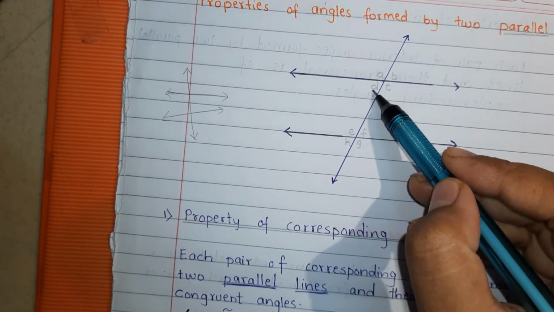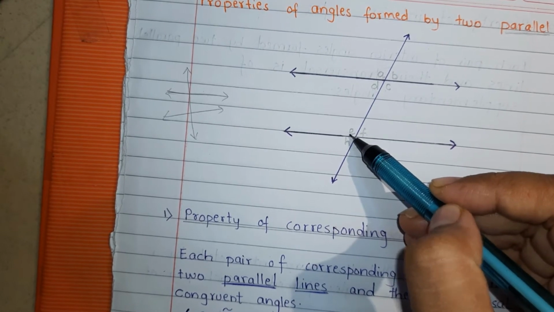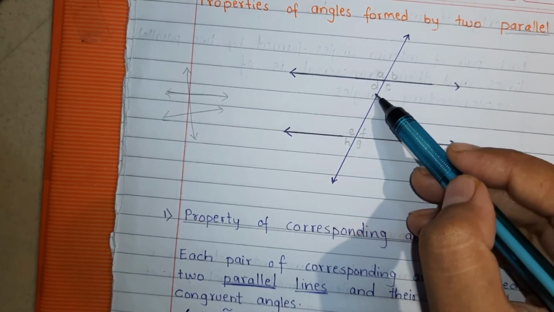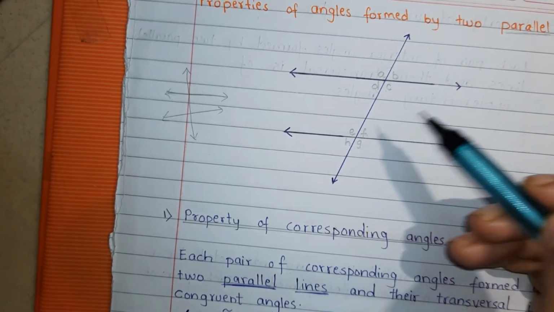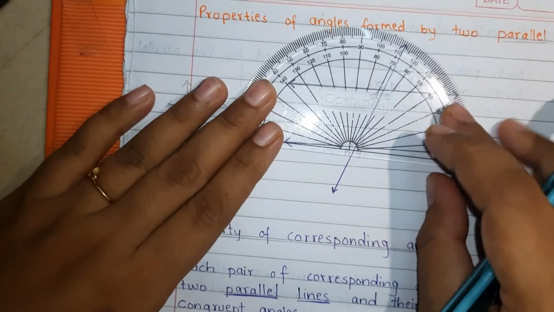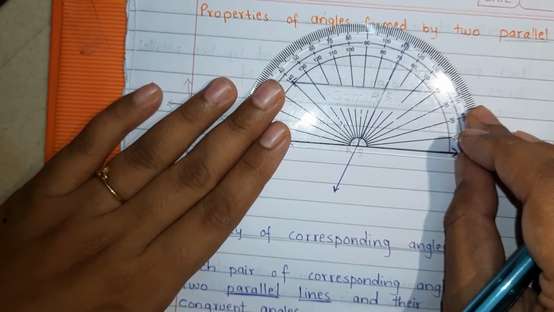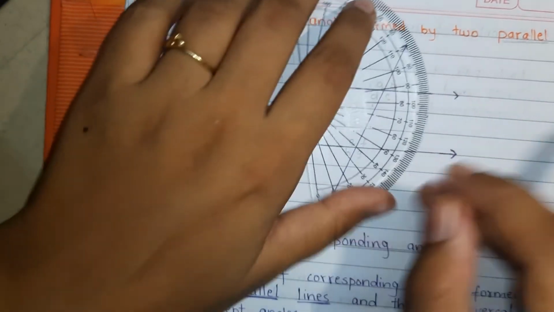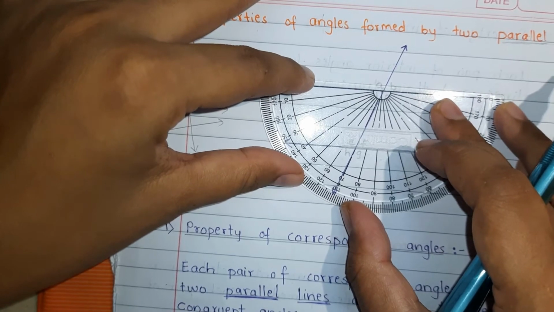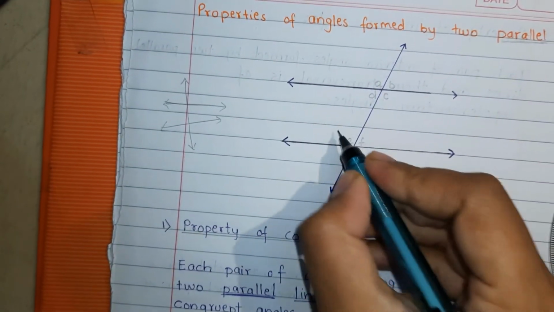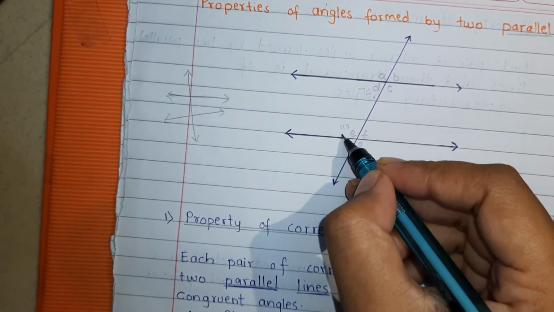Now, see angle D and angle E. D and E, they are interior angles, yes or no? D and E are interior angles. C and F are interior angles. Now what are they saying? Angle E is 110 degrees and angle D is 70 degrees. 110 plus 70, how much? 180 degrees.